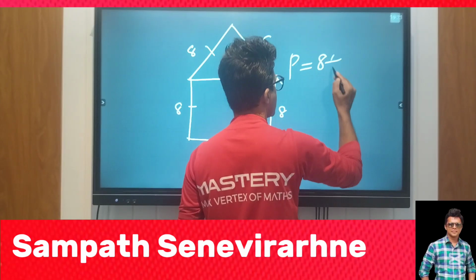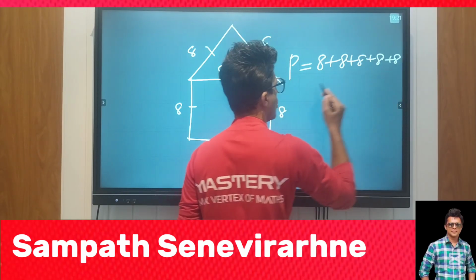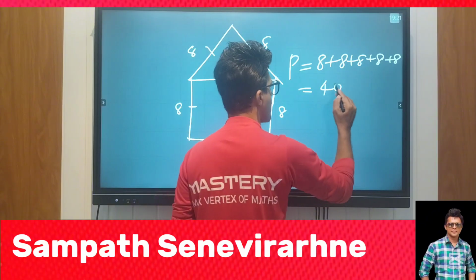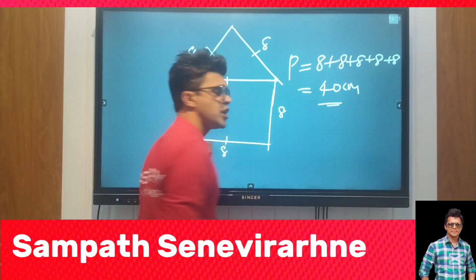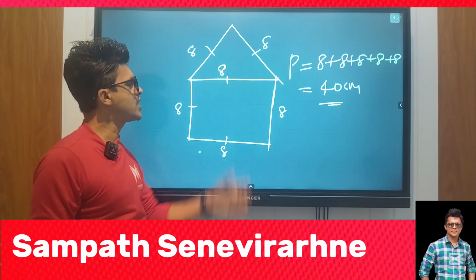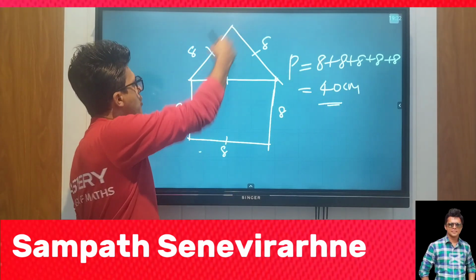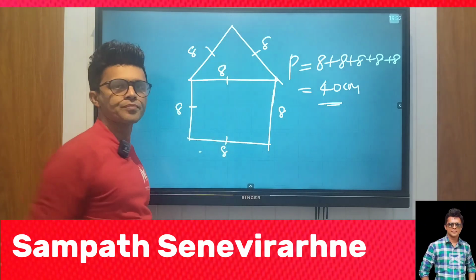So 8 times 5 is 40. The perimeter is 40 cm. We don't take this middle length in getting the perimeter of this figure. 1, 2, 3, 4, 5.